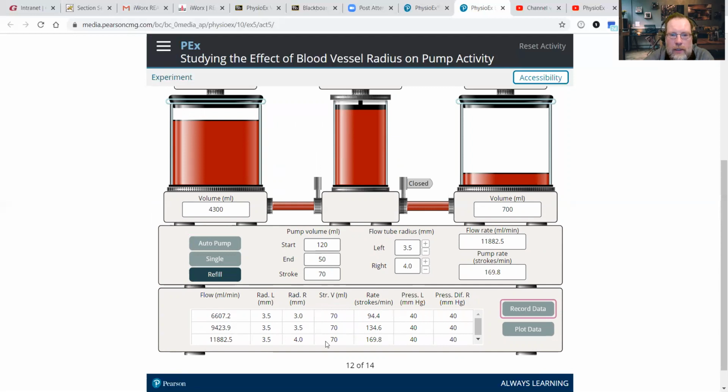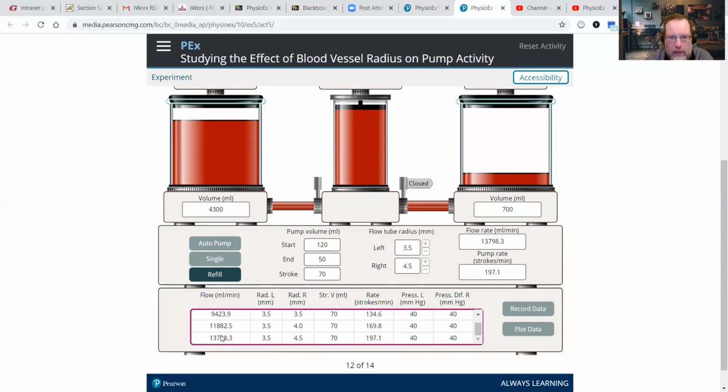And again, we see that we increased the radius, decrease in resistance. That decrease in resistance triggers an increase in heart rate. Okay, so we're going to bump that up to 4.5, 10 auto pumps, record data.